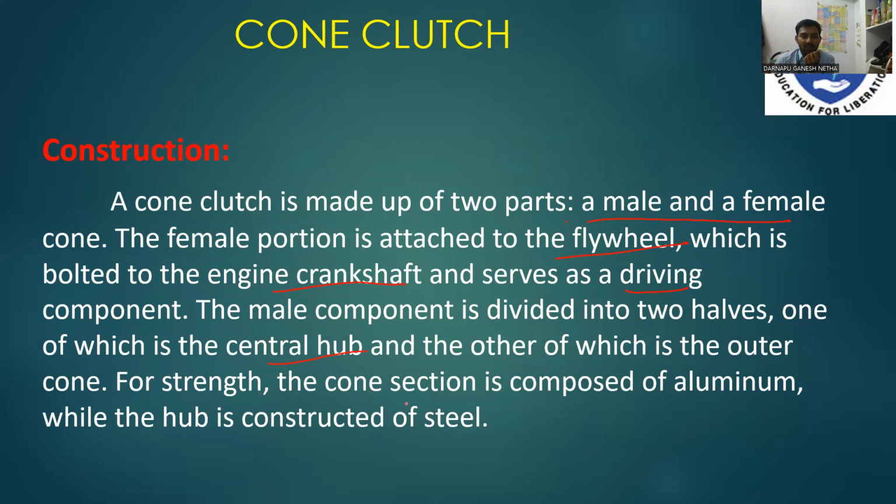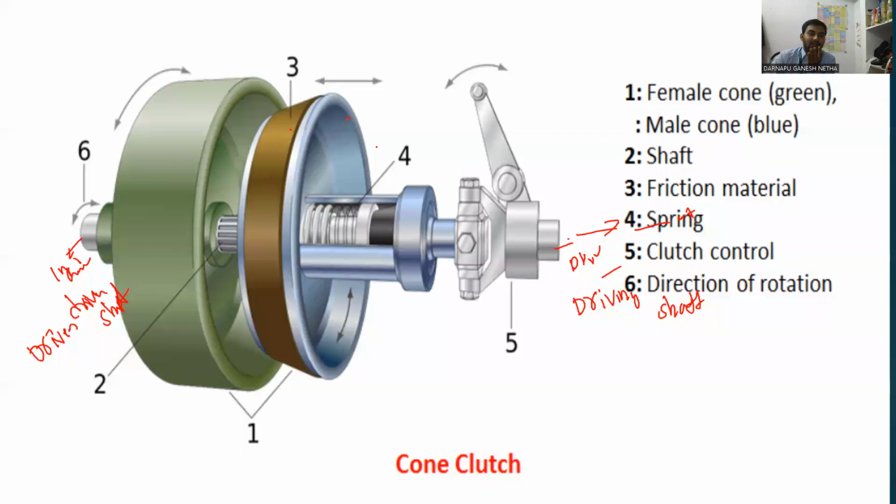For strength, the cone section is composed of aluminum, while the hub is constructed of steel. This is the female cone.